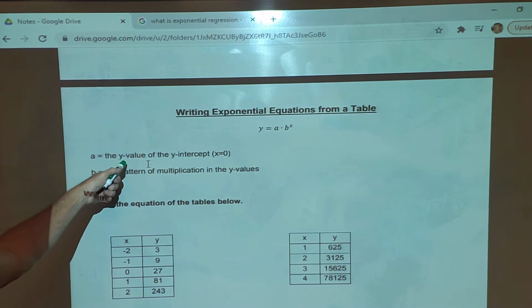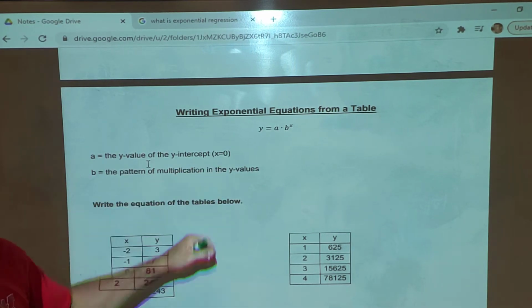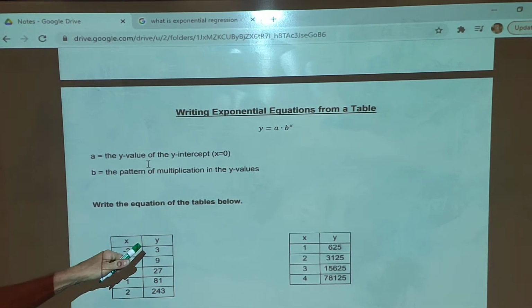So a again is the y value. It's the value of y at your y-intercept, so when x equals 0. And the b is the pattern of multiplication, so how much it is increasing or decreasing, what you would multiply to get from one value of y to the next.